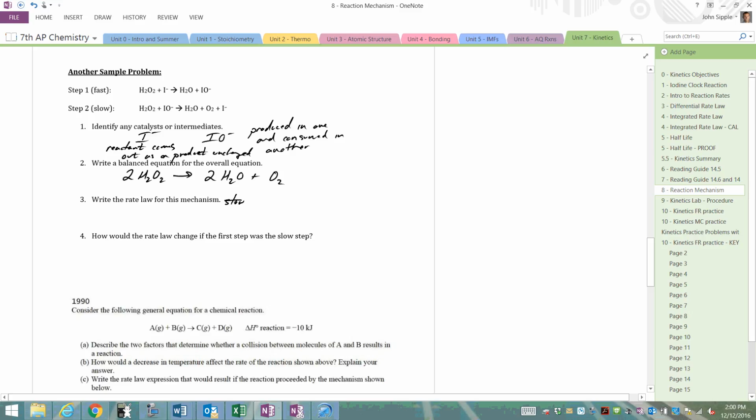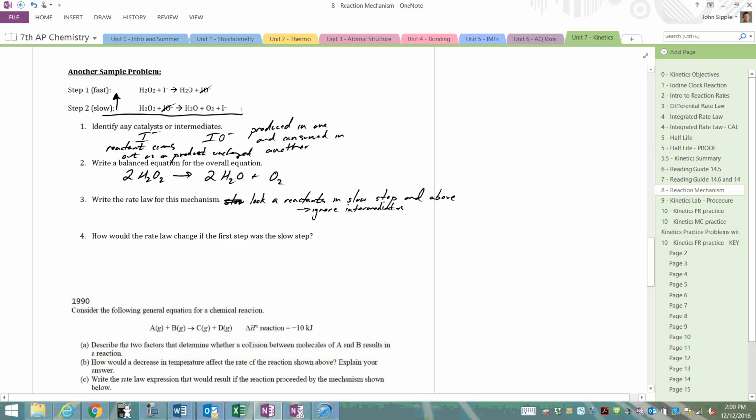We need to look at the reactants in the slow step and above, but you're going to ignore intermediates. So if we have the slow step, we look at the slow step and above, and we need to get rid of intermediates.